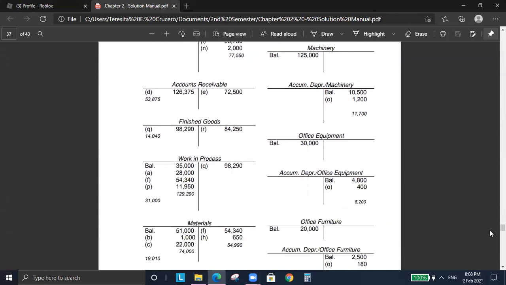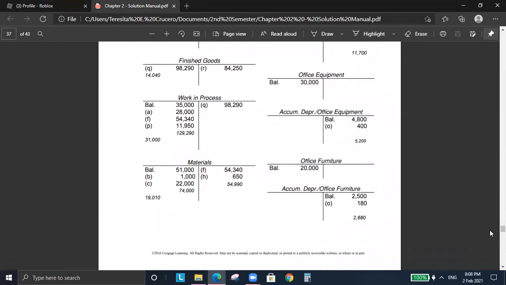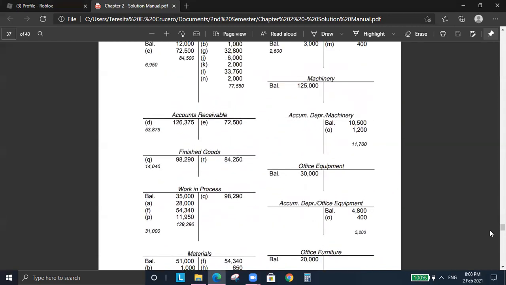Then for materials, here we have a debit balance of 51,000, followed by prepaid insurance.